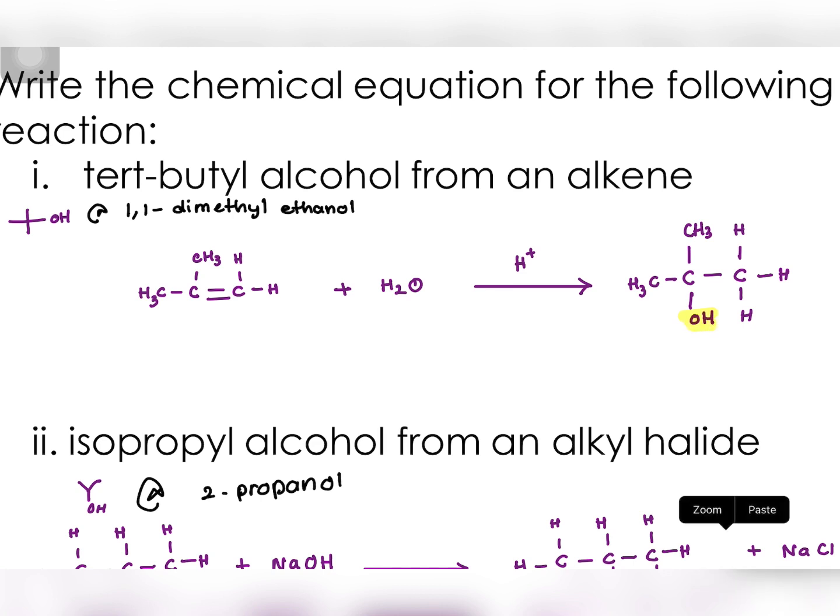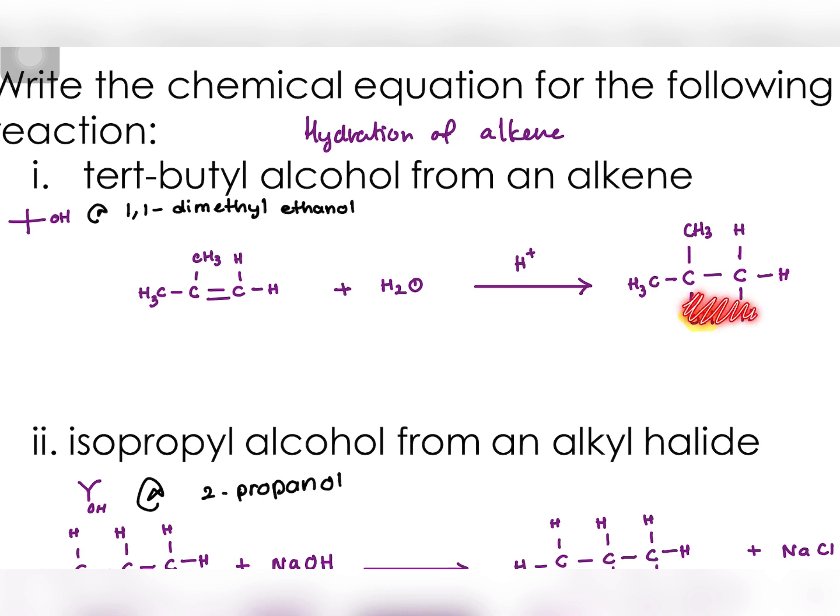Okay, so if you want to form this alcohol daripada alkene, maksudnya before kita tambah H dengan OH ni, hydration kan tadi, this one. This is hydration of alkene. So kita removekan H2O.